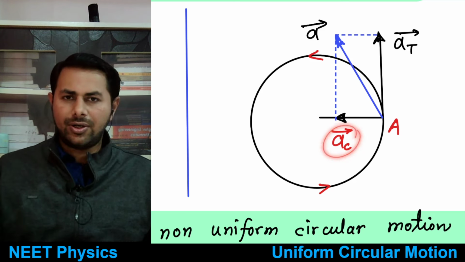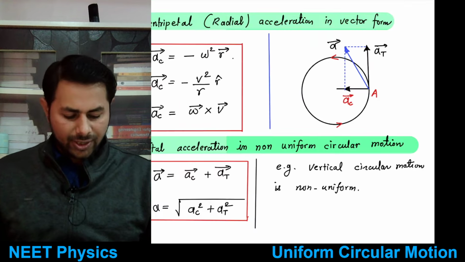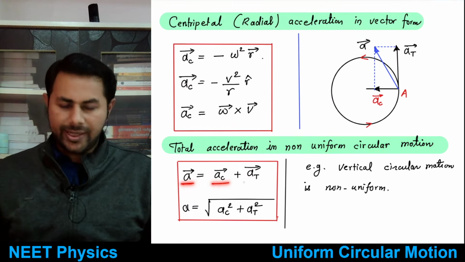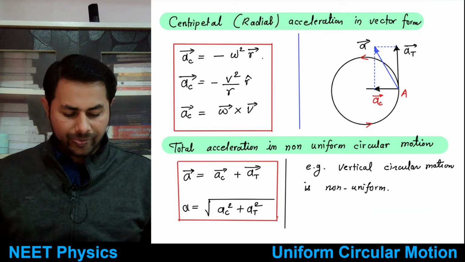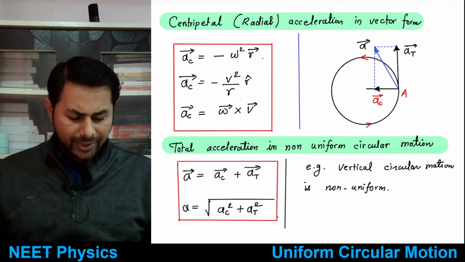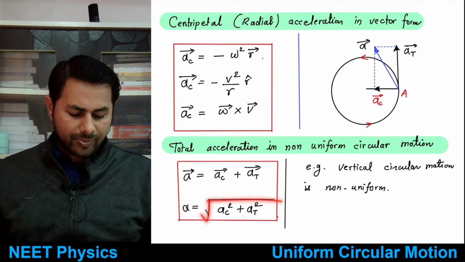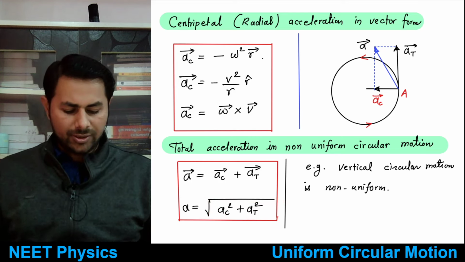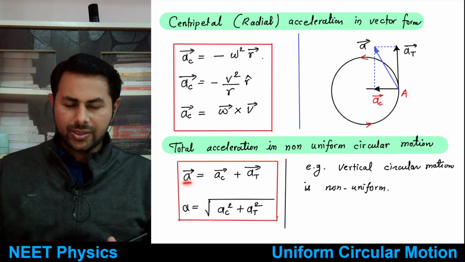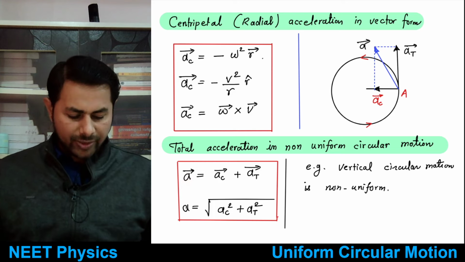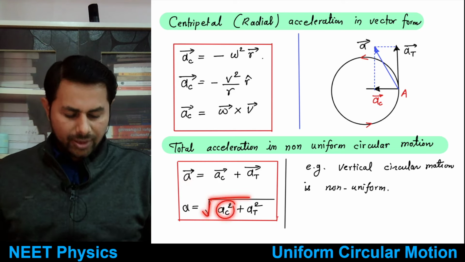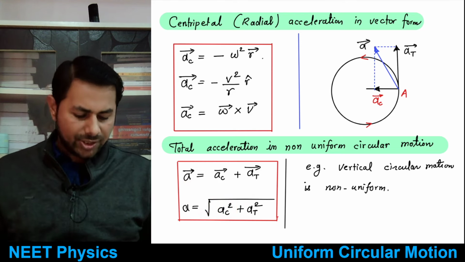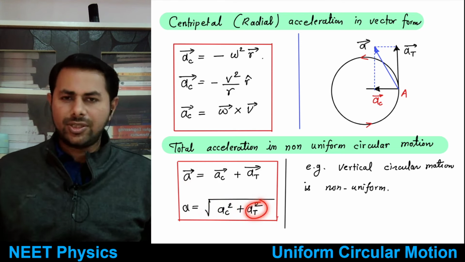And then there is tangential acceleration. So A bar is equal to AC bar plus AT bar, and if you want the magnitude of that, it's just the square root of AC square plus AT square. So the magnitude of this total acceleration is just the square root of the magnitude of centripetal acceleration squared plus the magnitude of tangential acceleration squared.